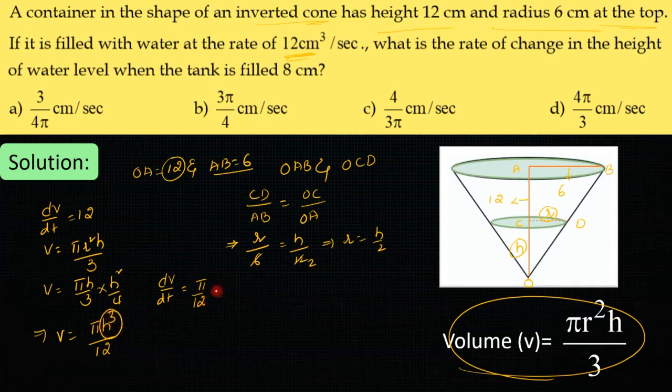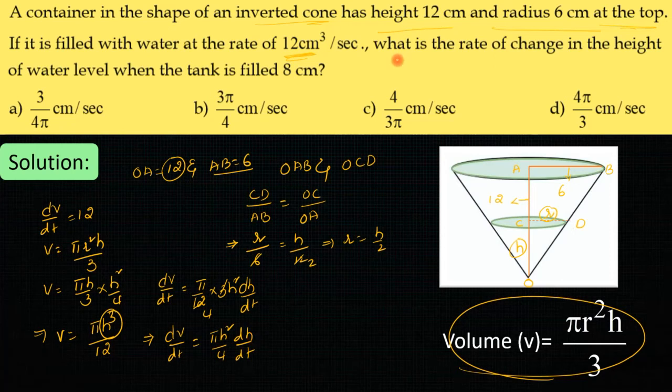Differentiation of h cube with respect to t is 3 into h square into dh by dt. This implies dV by dt is equal to, here 3 ones are 3, 3 fours are 12, so pi h square divided by 4 into dh by dt.